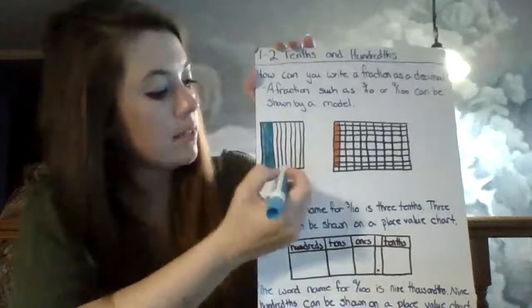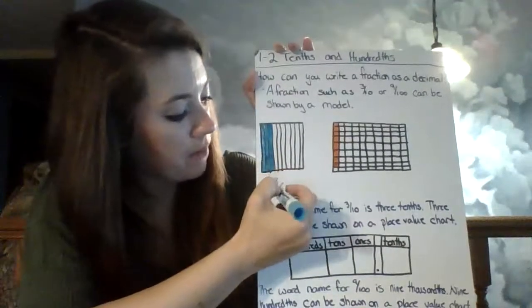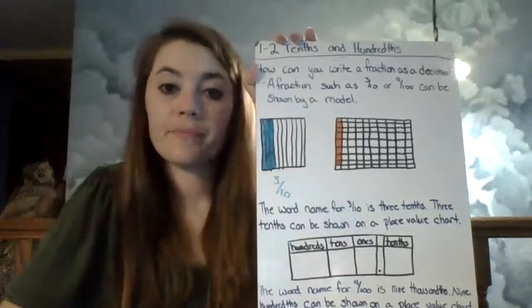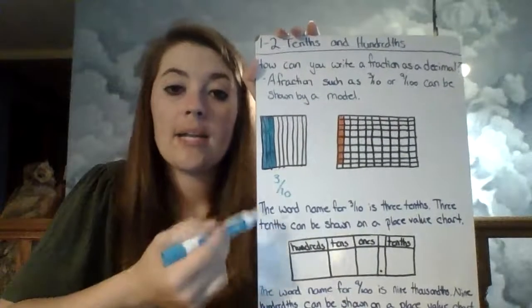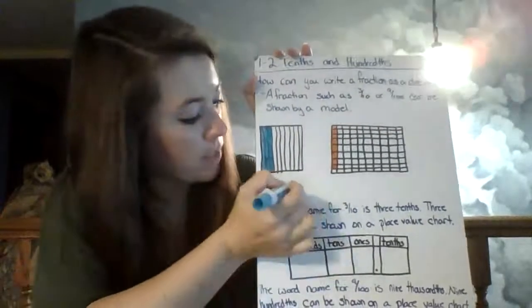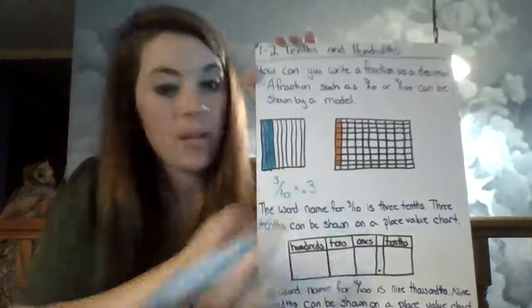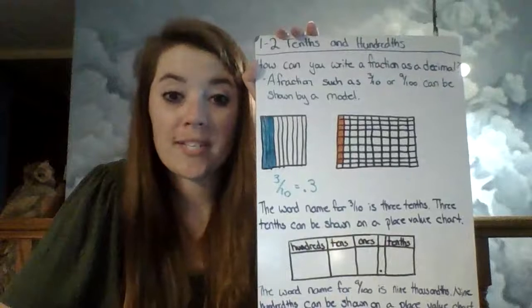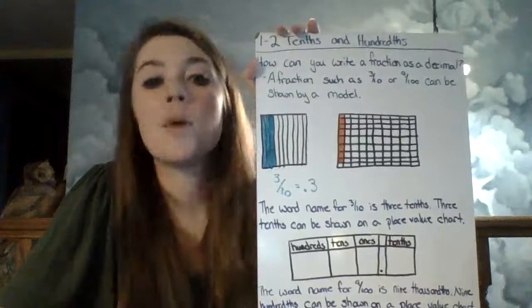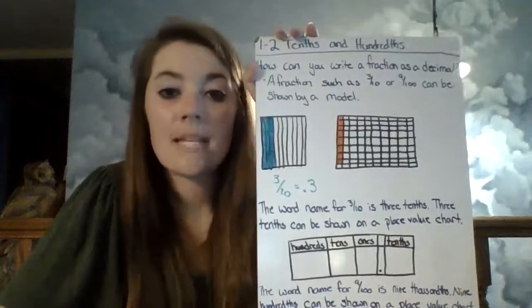So that represents our 3/10. That is showing it as a fraction. It's also the same as 0.3, which is also 3/10, because remember the number after the decimal is the tenths place value.